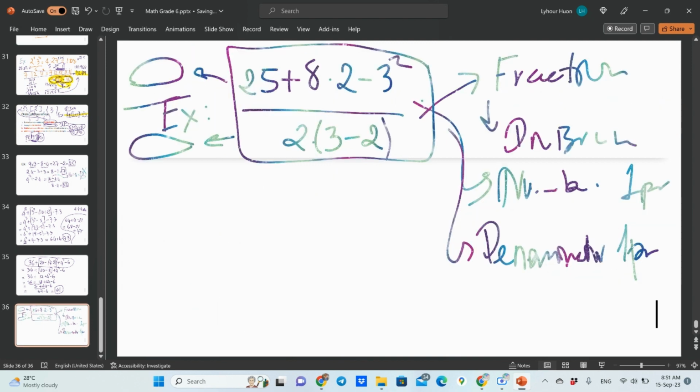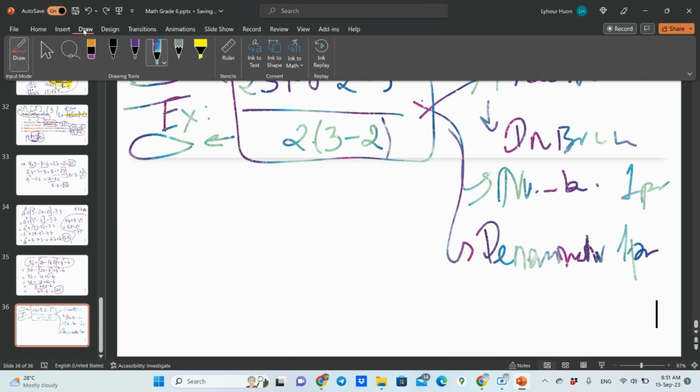Which do we do first? Parentheses. Okay, so do the parentheses, and we check the result.